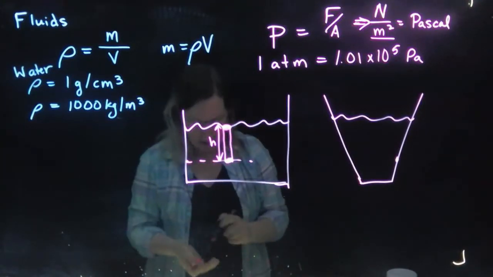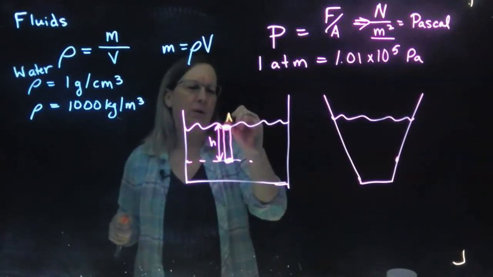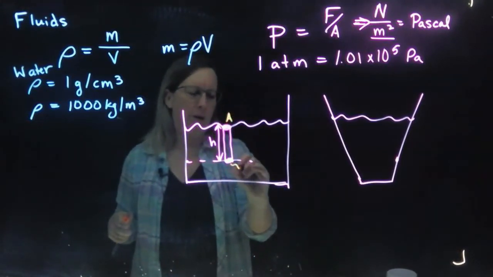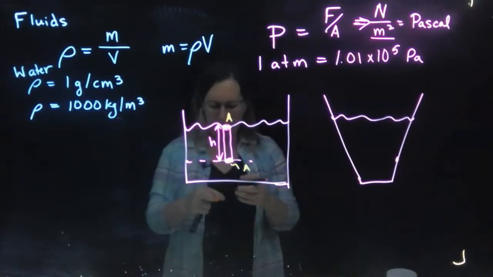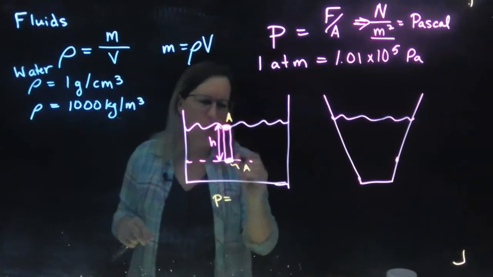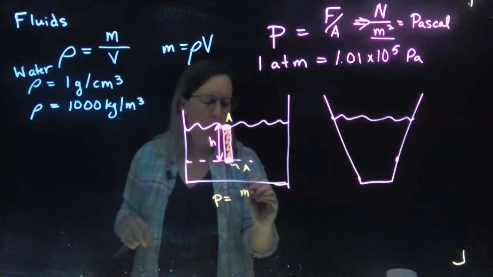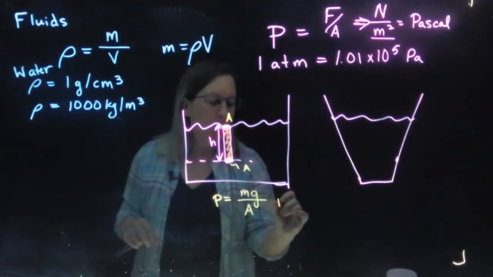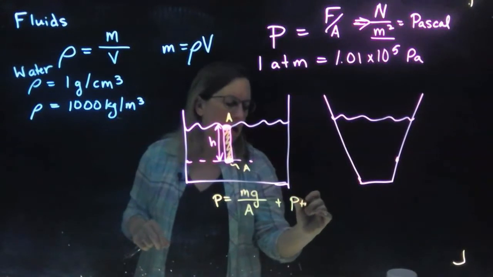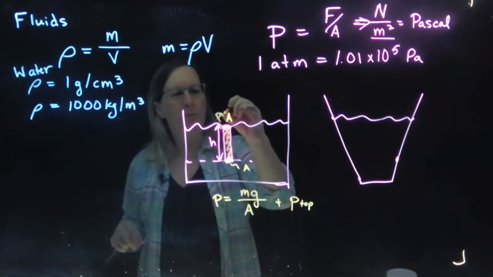So if this has an area of A, a surface area and a bottom area of A, then we can say that the pressure would be equal to the weight of this water in this column, so M times G over A, plus whatever the pressure is on the top, like the atmospheric pressure at the top.